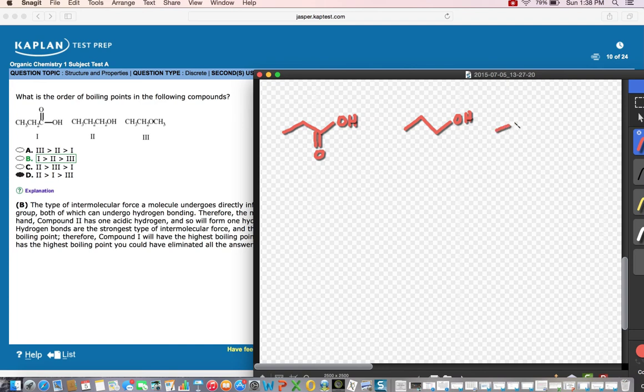And finally, we have ethyl methyl ether. This is simply going to be the carboxylic acid has a greater boiling point than the alcohol. The alcohol has a greater boiling point than the ether, because here you get more significant hydrogen bonds because of the dimer. Here you have hydrogen bonds. Here you do not. 1 is greater than 2 is greater than 3, which is answer choice B.